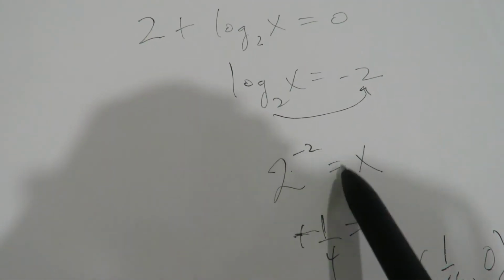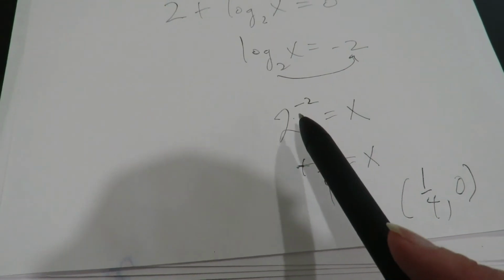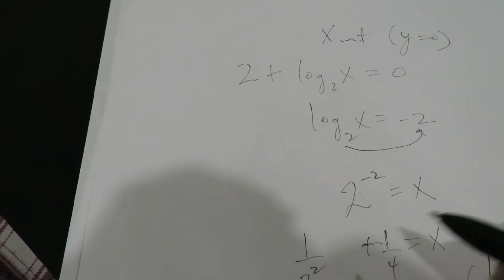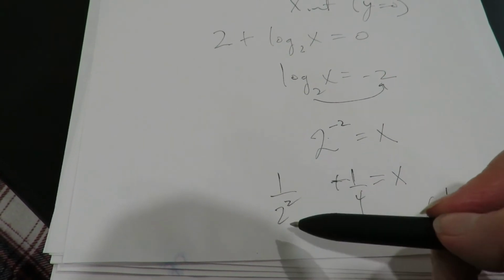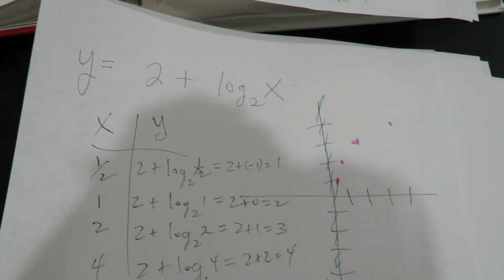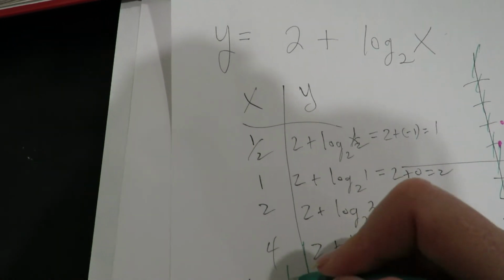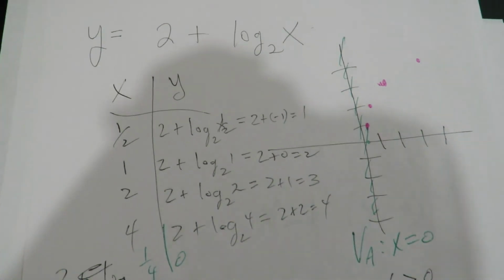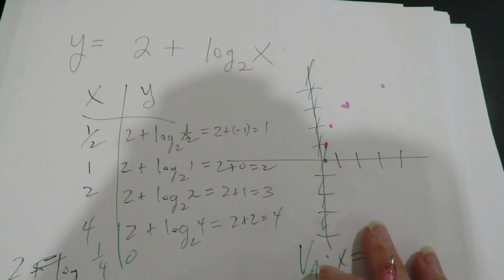And then you can solve this, because a negative means reciprocate, right? The negative means move the 2 squared to the bottom, and then 2 squared is 4. And so that gives us the point that if we plug in 1/4, we get out 0.